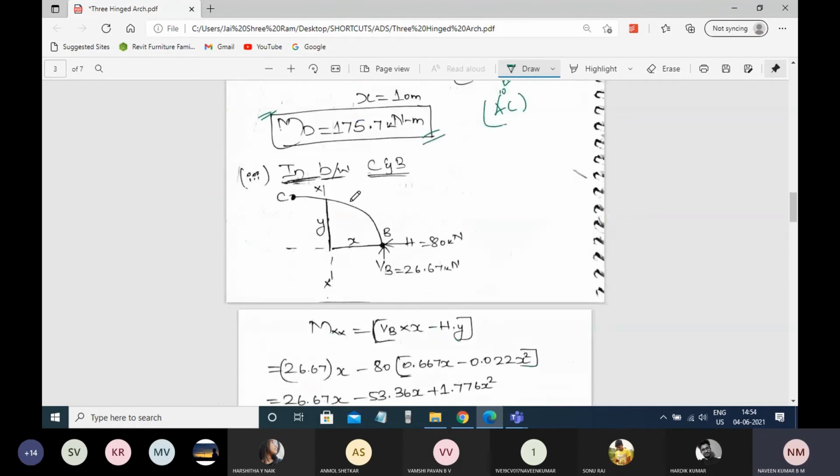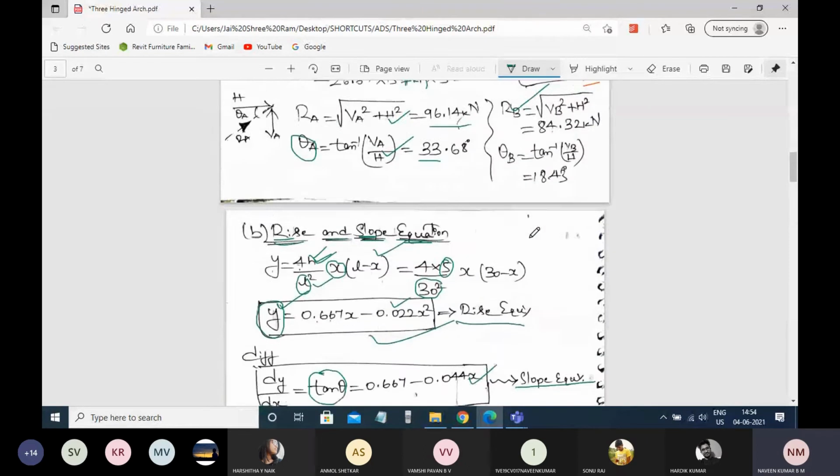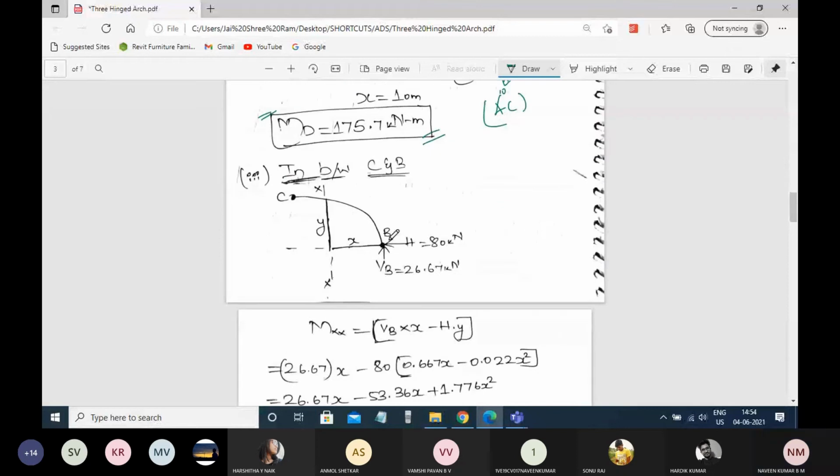So now move on to this particular one. I just isolate this particular portion. We have isolated this portion, and I have shown it over here. You already know the H value, that is 80 kilonewton, and VB equals 26.67 kilonewton.